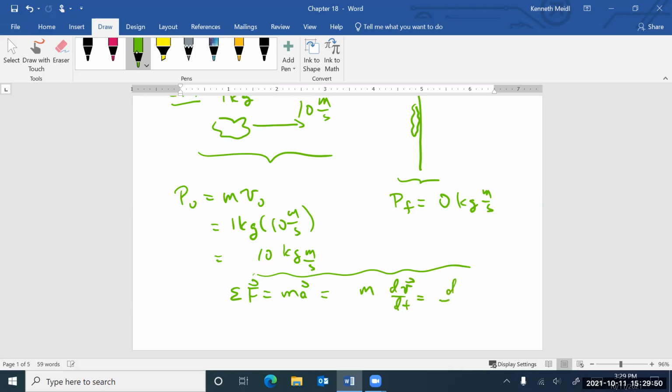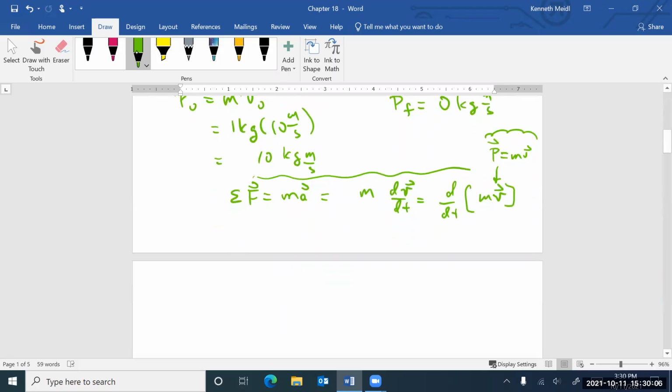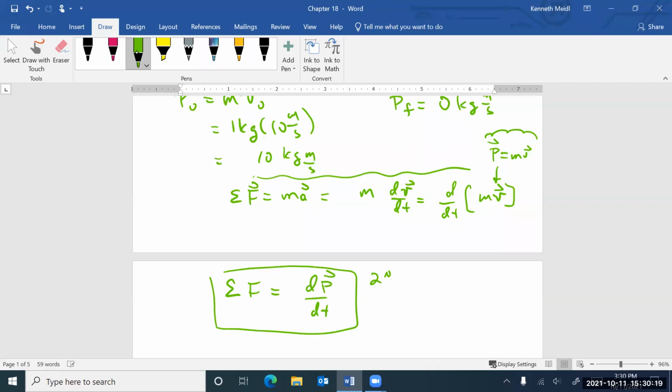I can take that d/dt out here, and I've got this m times v, and that, m times v, is the definition of momentum. So Newton's second law can certainly be thought of as a change of momentum per amount of time. So there's the second law of motion.